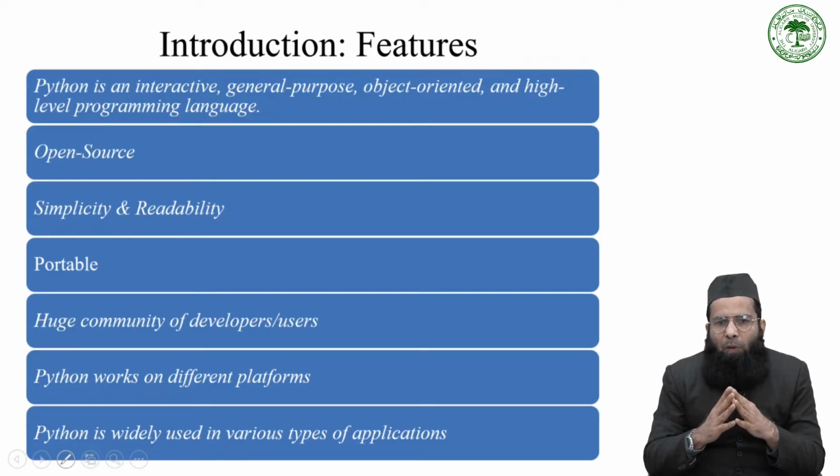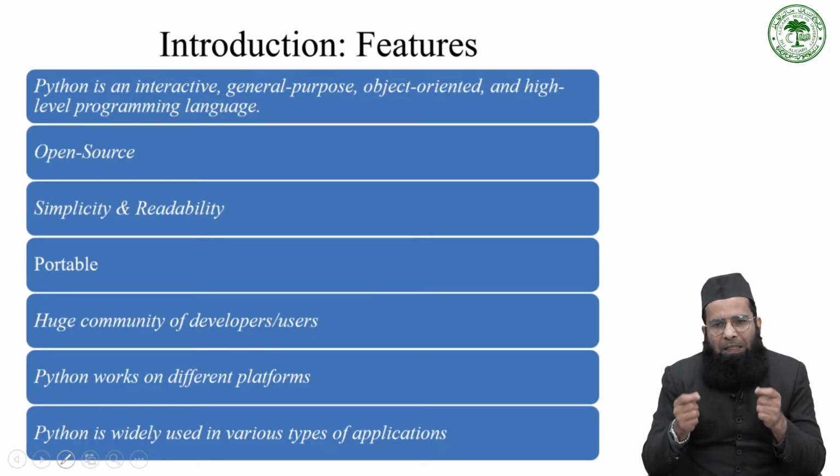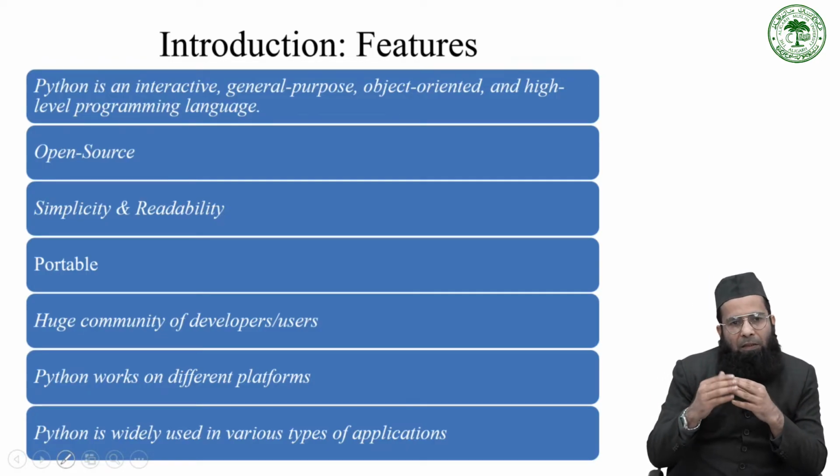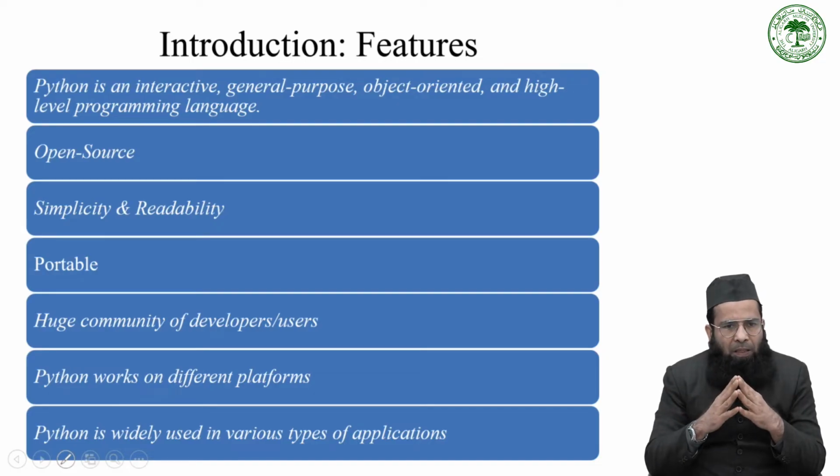It supports open source. It means Python is an example of FLOSS, free library and open source software. In simple terms, you can freely distribute copies of this software and you can read the software's source code. So that is the concept of open source.